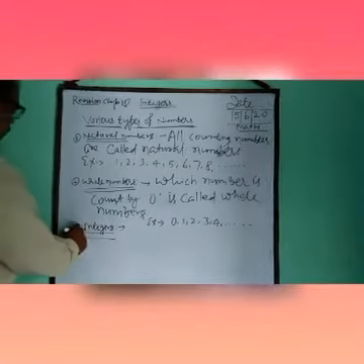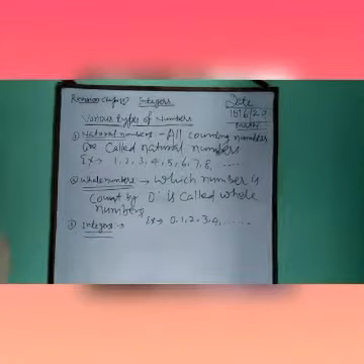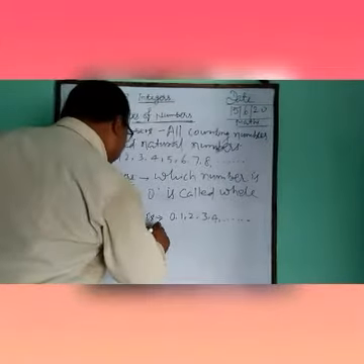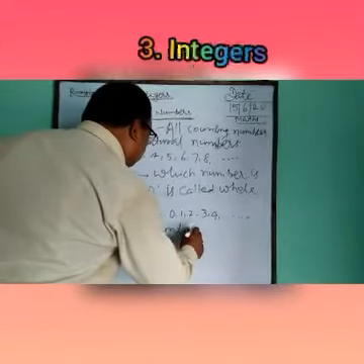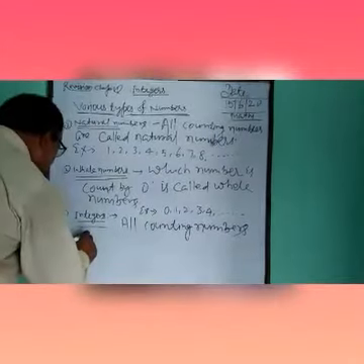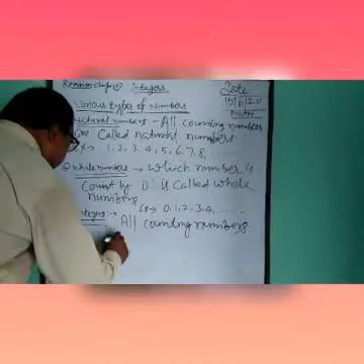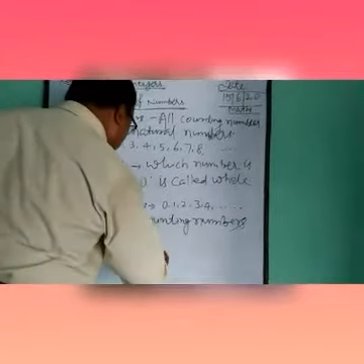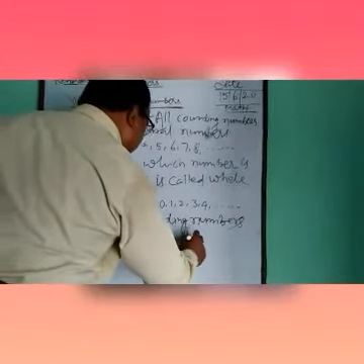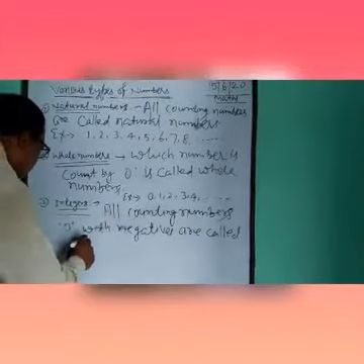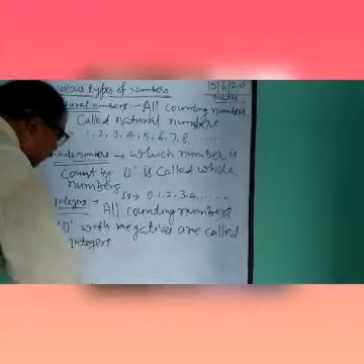Now we define integers. Natural numbers, their negatives and 0 together are called integers.